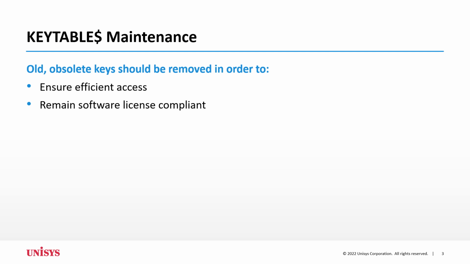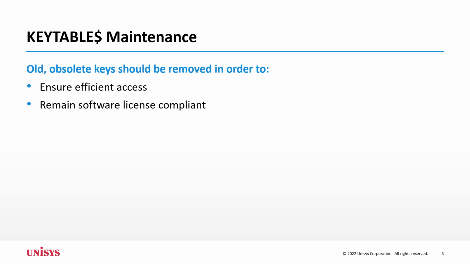Also, following a live load to a different workload and subsequent re-registration of the target system's image enabler and product keys, the omnibus key table dollar element can contain keys with a system control number, SCN, not licensed for the target system's workload.